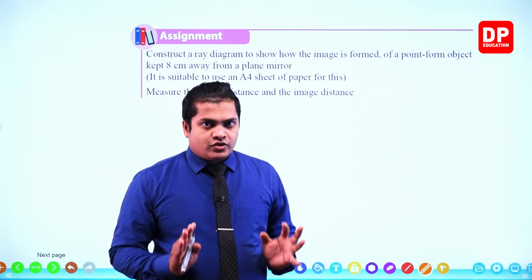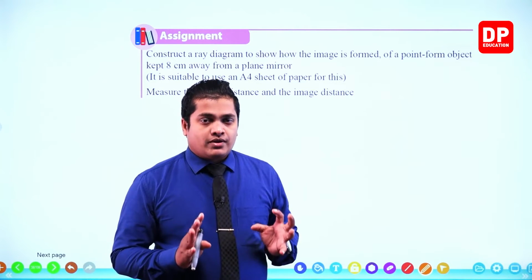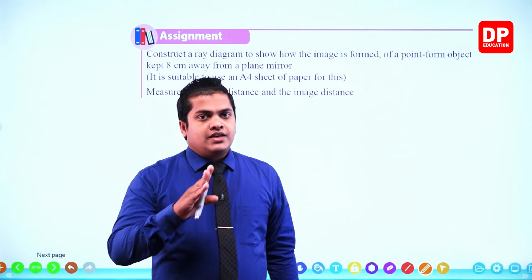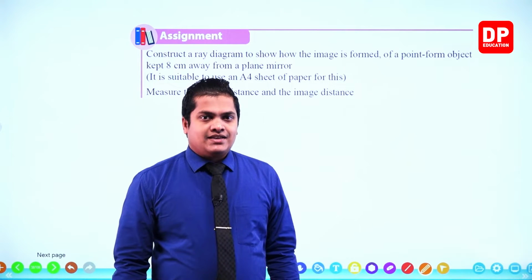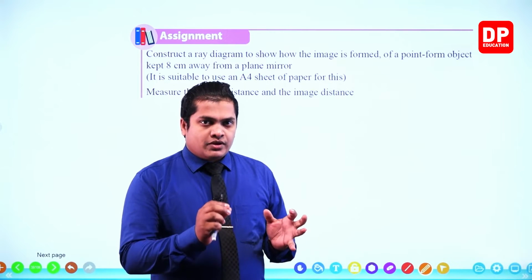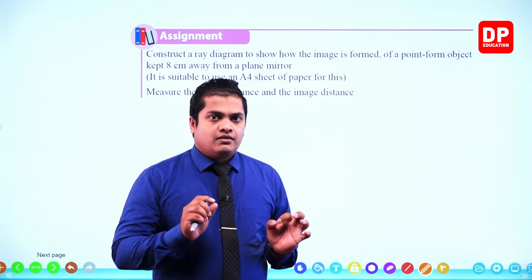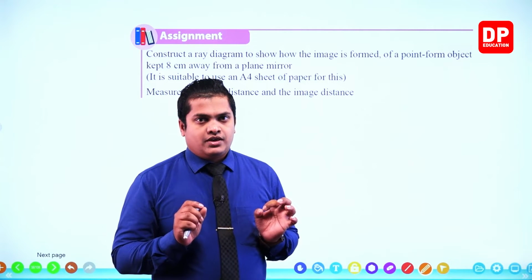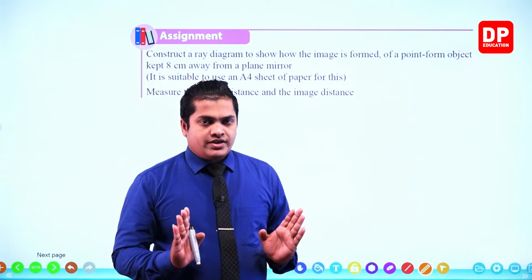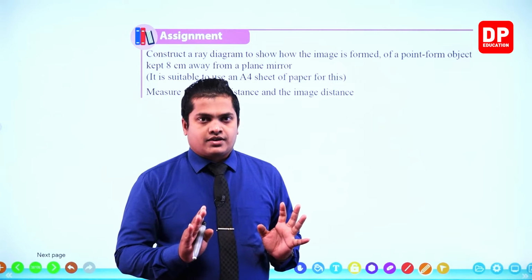If you draw it very accurately, then you can get the answer as exactly 8. But right now, because of those changes, the value may differ by 1 millimeter. If so, don't get disappointed, your diagram is correct.